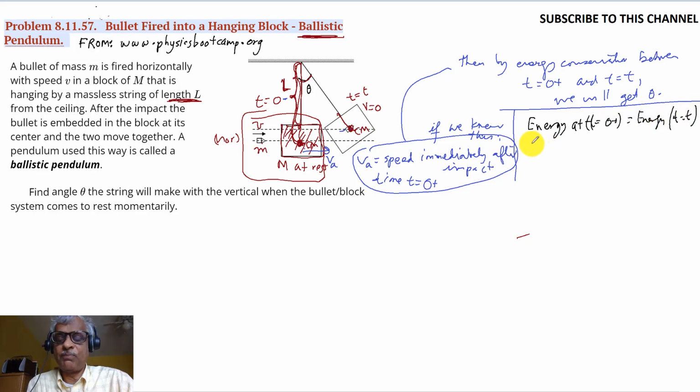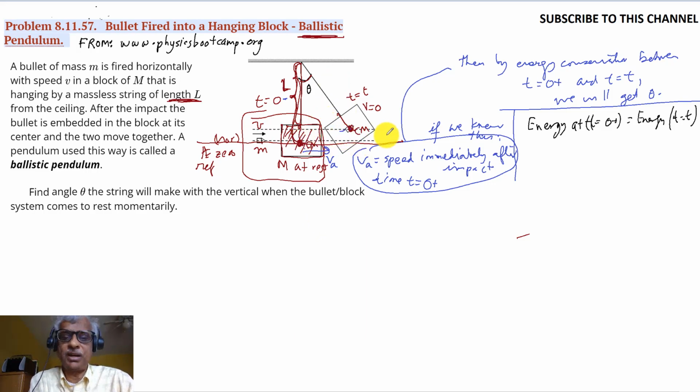And so that energy is going to be, let's see, this is the level at which we're going to call it the potential energy 0 reference. Anything above that is positive potential energy, anything below that is negative potential energy.